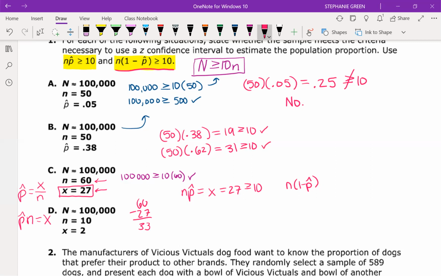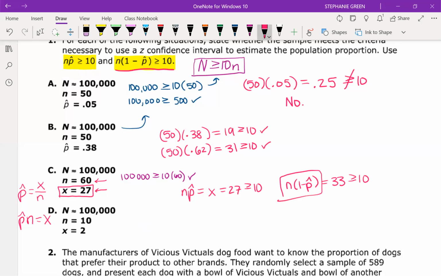That means 33 of them had to have been failures. So even if I were to calculate my actual p hat, subtract it from 1 and multiply by n, you should get 33, because that's what this expression represents. And is 33 greater than or equal to 10? Yes, it is.